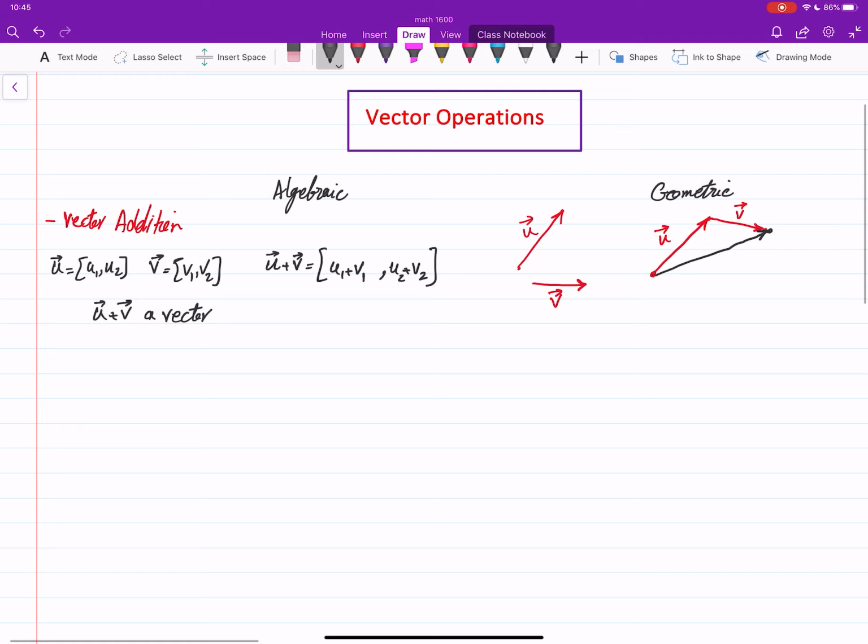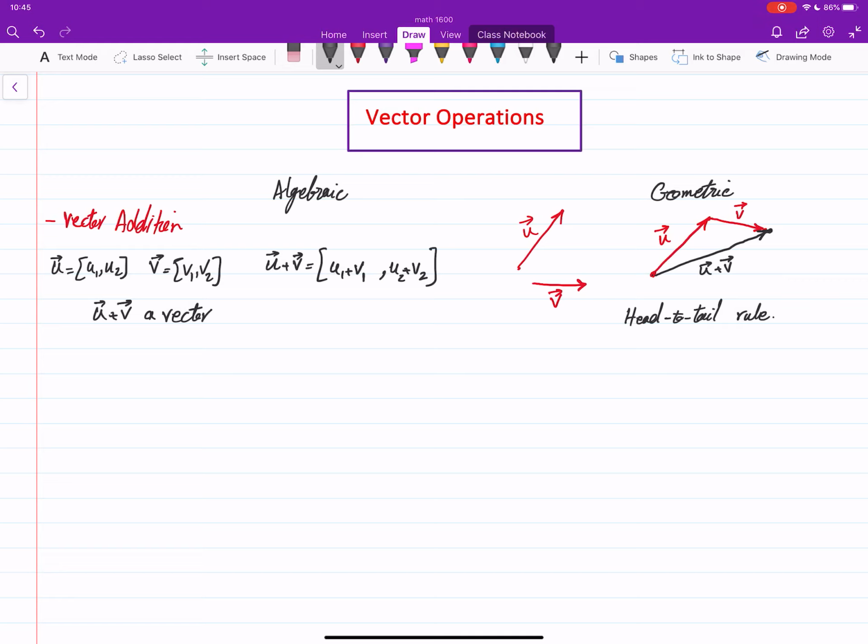So u plus v tells us the total displacement. The way I did this is called the head-to-tail rule. You put the tail of the second vector at the head of the first one.